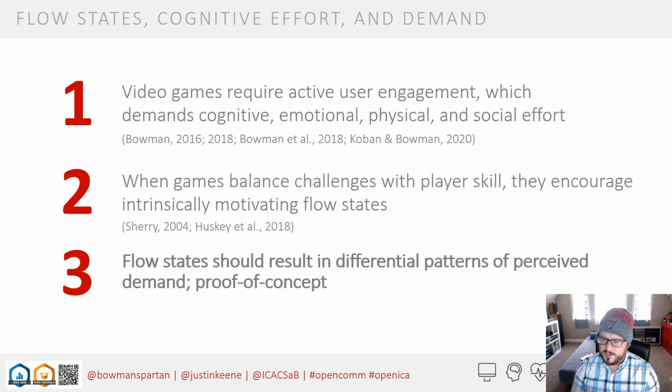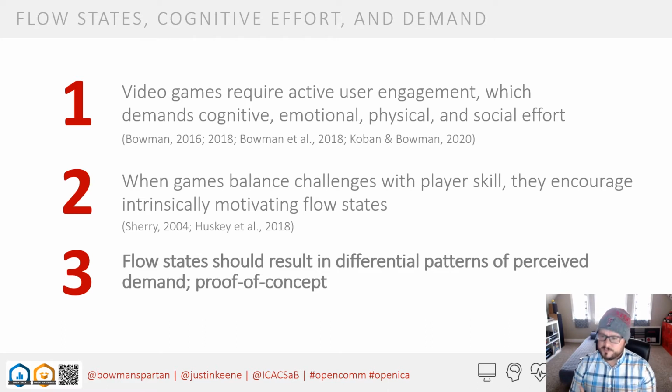There are the physical demands where you've got to input things into the system. You've got to push buttons or maybe move your entire body in order to make things happen on that screen. And then, of course, there's the social efforts and demands that come with both in-game and in-narrative characters and people you form relationships with, but also real humans, whether they're physically located or digitally located. And you've got to balance out and make sense of those relationships.